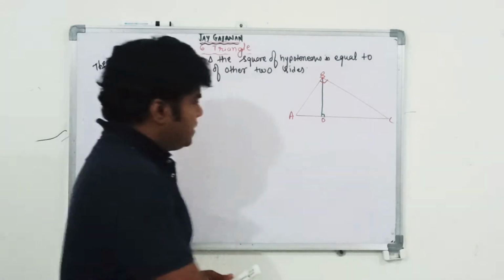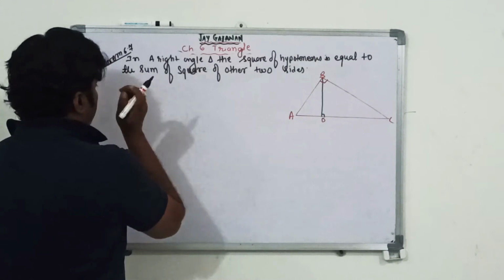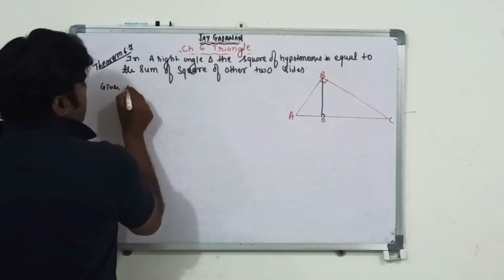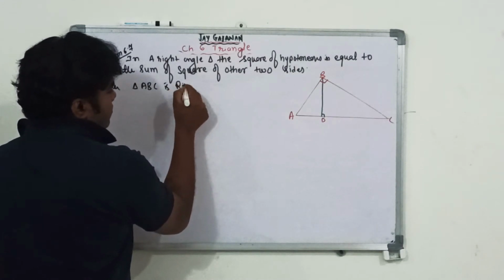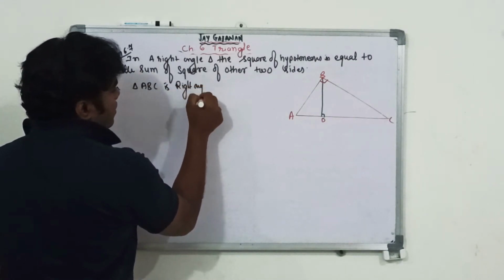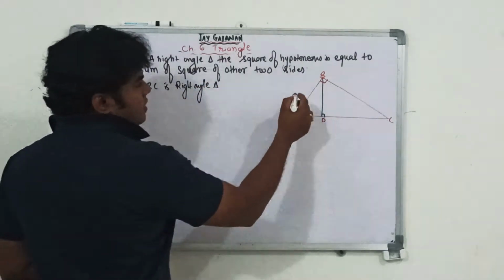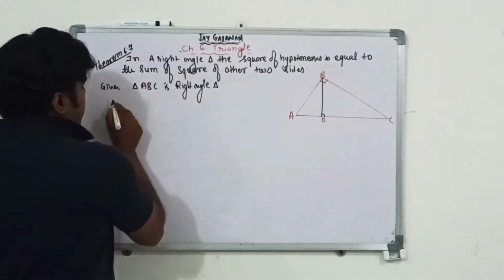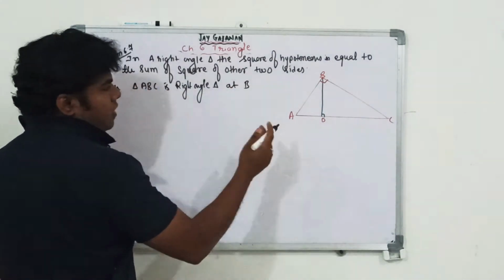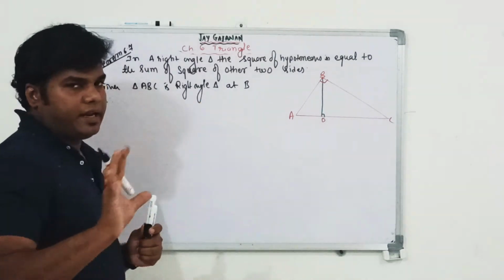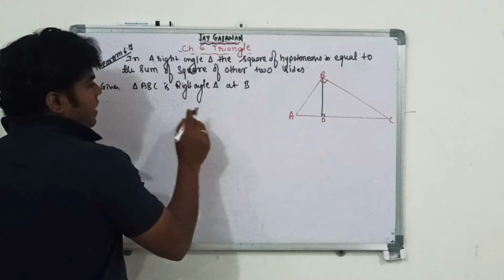So it is given that triangle ABC is a right angle triangle. Let us assume that it is right angled at B. So therefore triangle ABC is a right angle triangle in which B is 90 degrees, so the opposite side will be the hypotenuse.